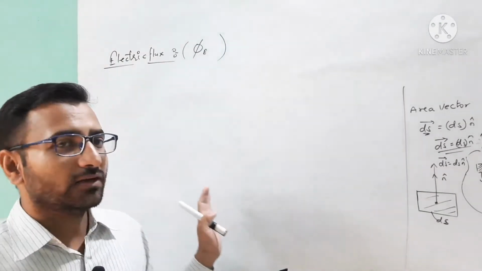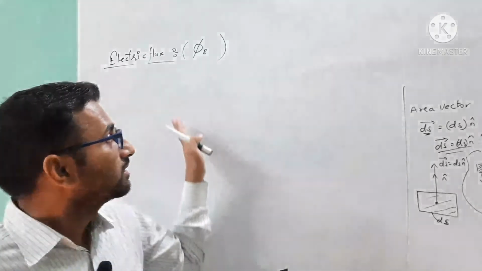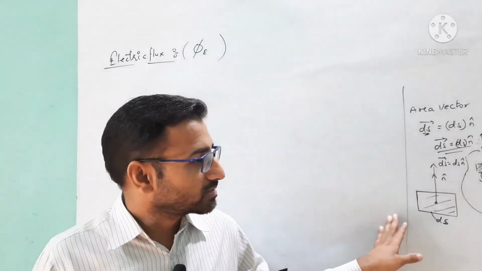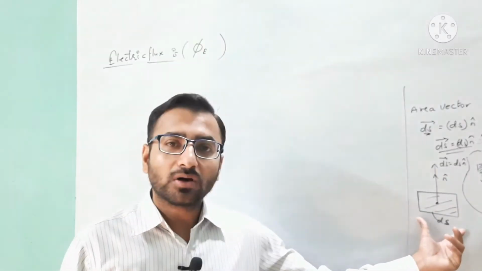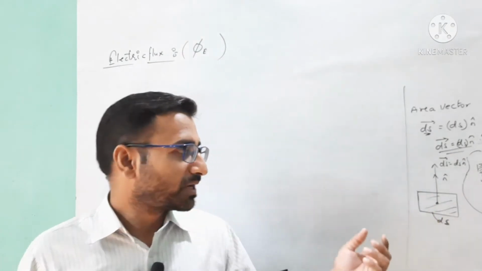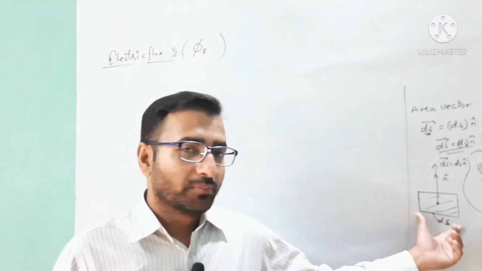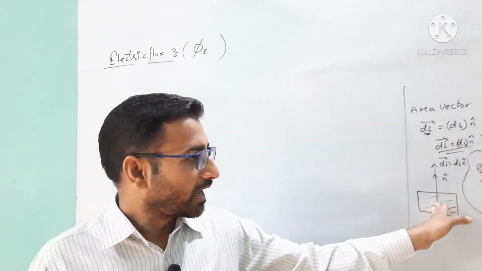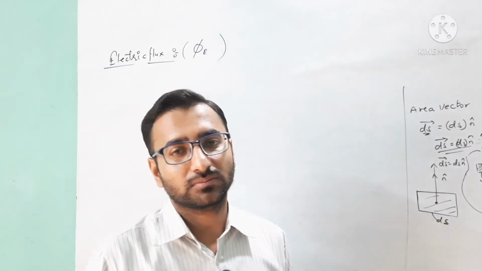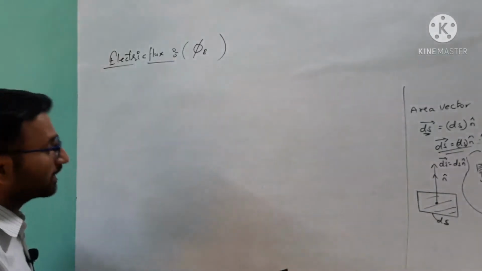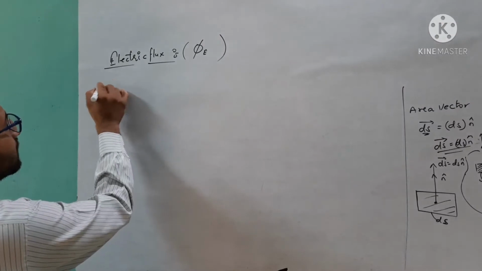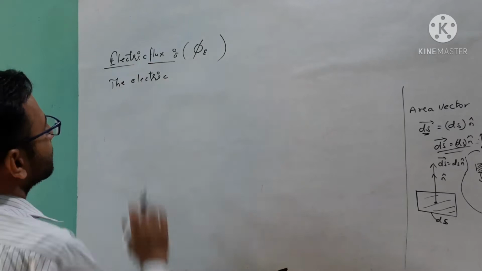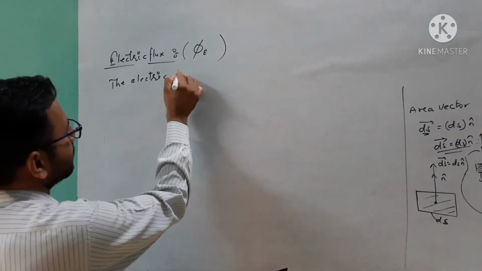You may define electric flux as the total number of electric field lines which pass through a cross-section area, or a surface placed in the electric field normal to it.